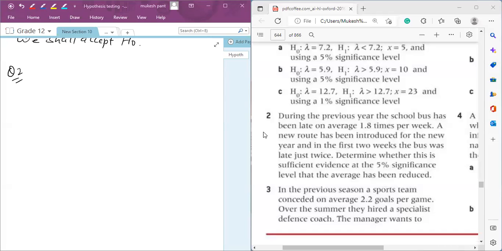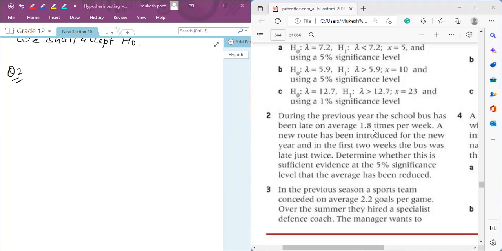So guys, in question number 2, during the previous year, the school bus was late on average 1.8 times per week. That means in 1 week, the late average is 1.8. A new route has been introduced for the new year, and in the first 2 weeks, the bus was late just twice. Determine whether this is sufficient evidence at the 5% significance level that the average has decreased.